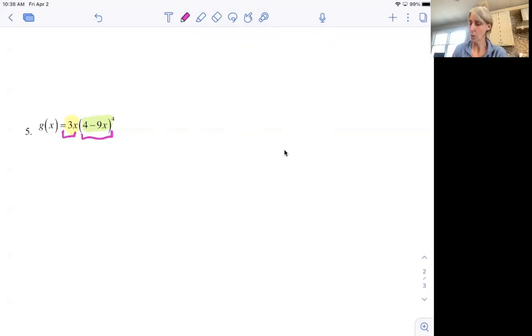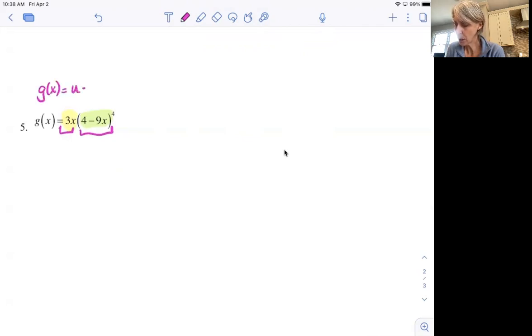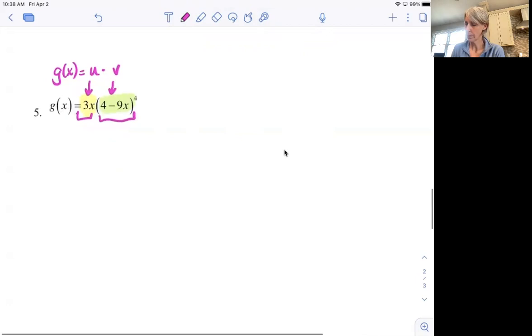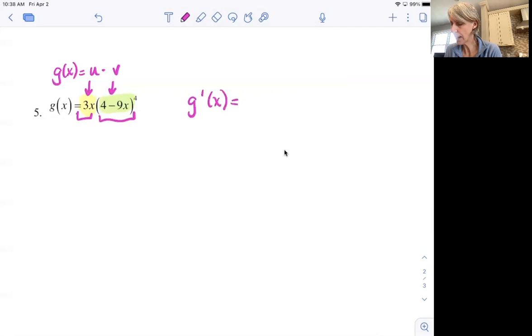So whenever I have this situation, I usually break this down and rewrite it and think about a u and a v. The u is my first function and the v is my second function. And I know g prime of x, if I want to write it with u's and v's, is the first times the derivative of the second plus the second times the derivative of the first.